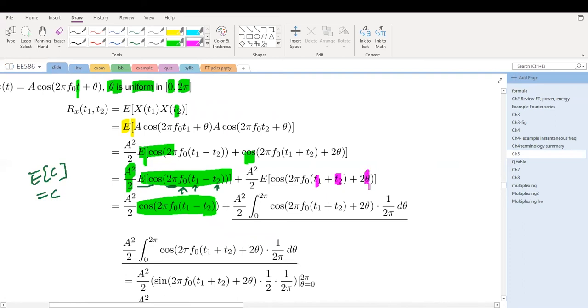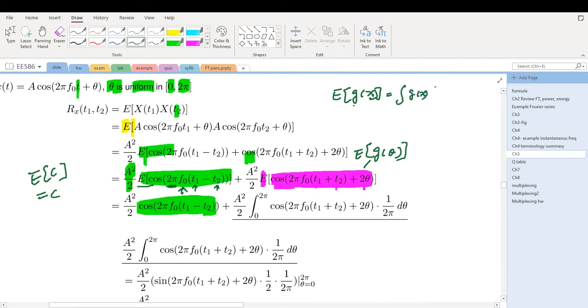Theta is a random variable, so this whole thing, cosine of 2 pi f0 (t1 plus t2) plus 2 theta, is a function of theta. So we really take the expectation of a function g(theta). We know that for a function of a random variable x, we multiply the function by the PDF of x and integrate from minus infinity to infinity.